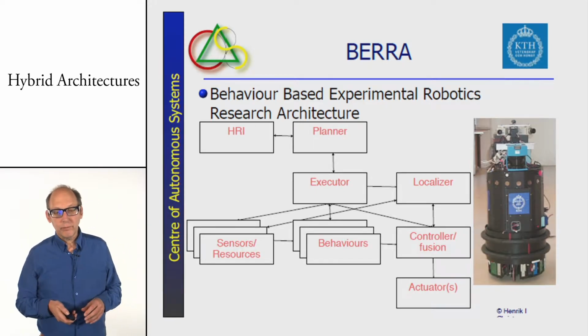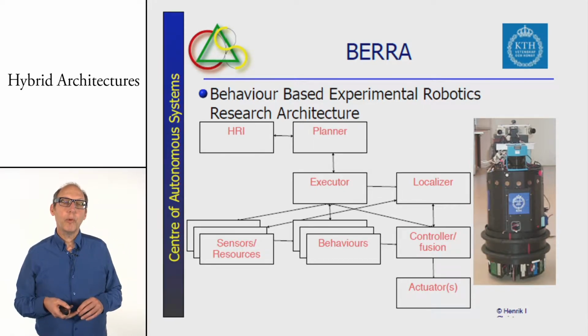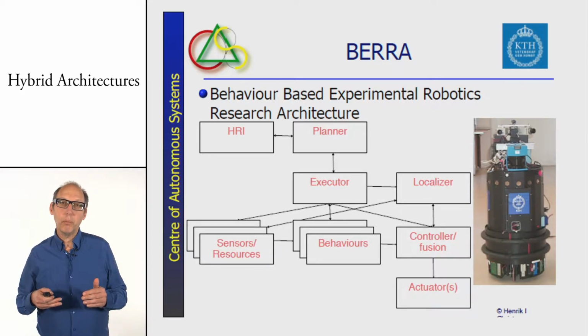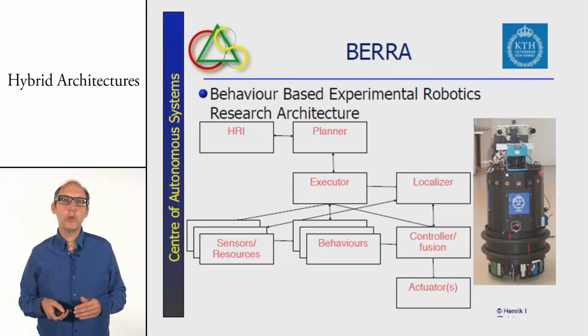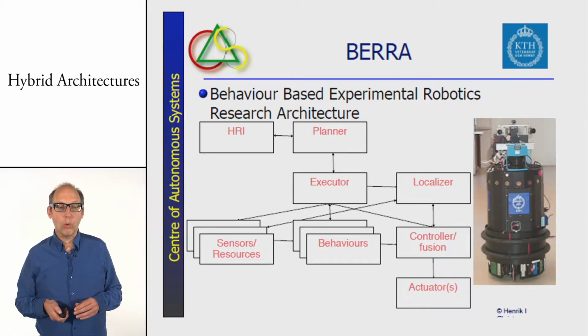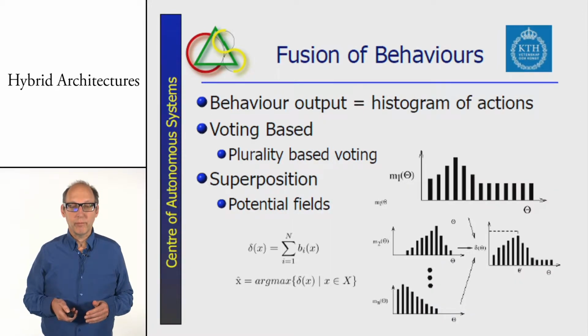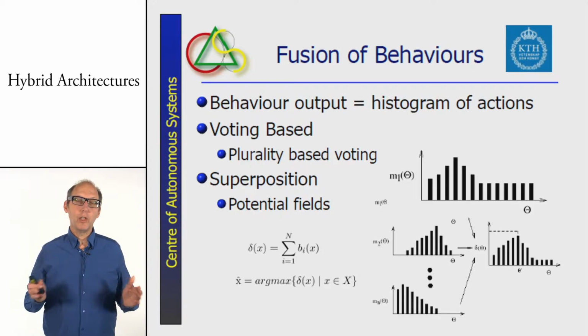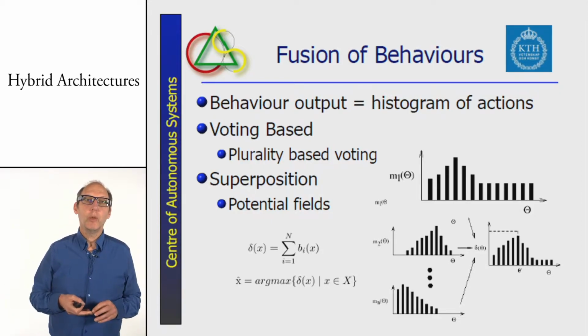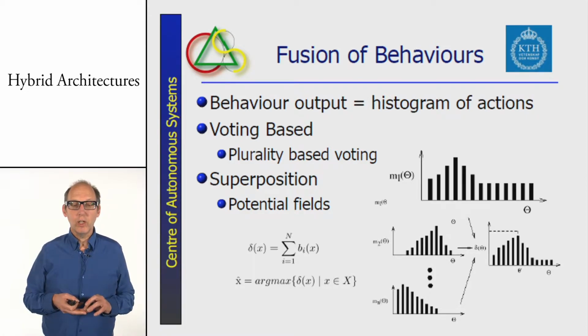And that's an example of how deliberative planning was coupled to the subsumption architecture, but there are more examples of behavior-based couplings, as for instance the BERA. What's specific with BERA is that there the specification is not on the sensors, but on the actions.